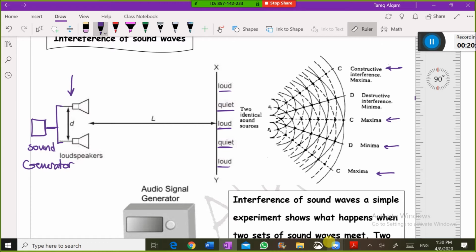Loud is a result of constructive interference of the two waves outgoing from these two loudspeakers reaching this point, where the path difference means they meet in phase. Quiet means they meet in anti phase, and so on.